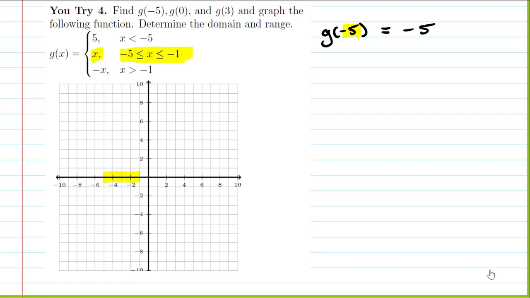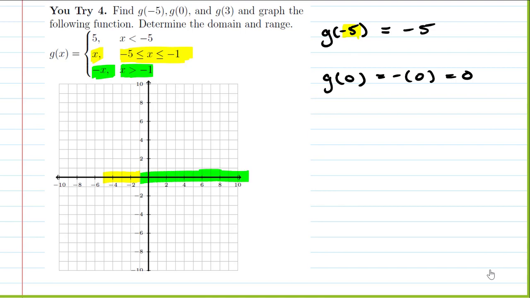Our next value is 0, and we want to calculate g of 0. And 0 is bigger than -1, so we're going to use this rule. So we replace x with 0, but -0 is the same as 0.